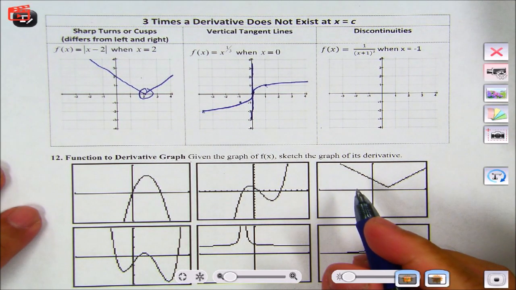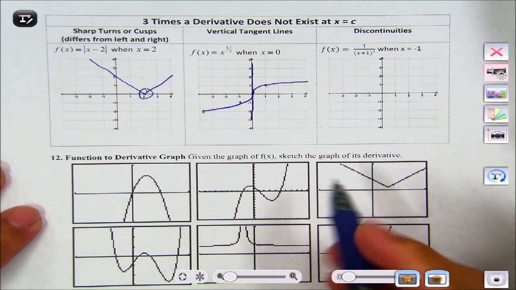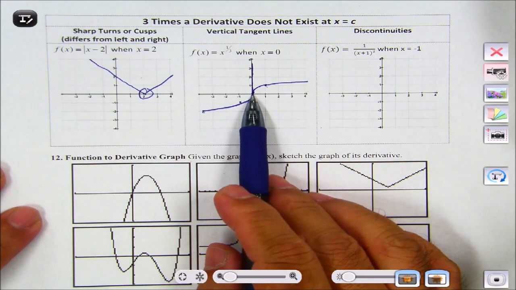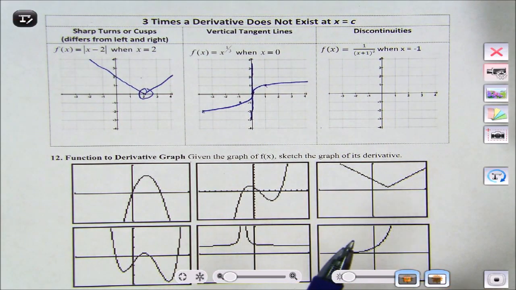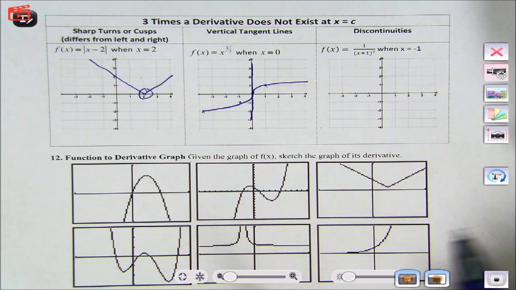I'm just telling you where it doesn't exist. I'm not asking you to find them. Can you explain why it doesn't exist? What kind of slope does a vertical line have? Undefined. Remember, the derivative is supposed to describe the slope.